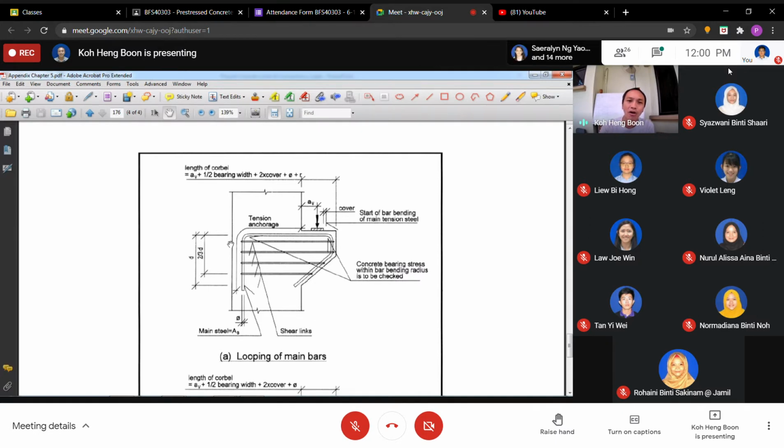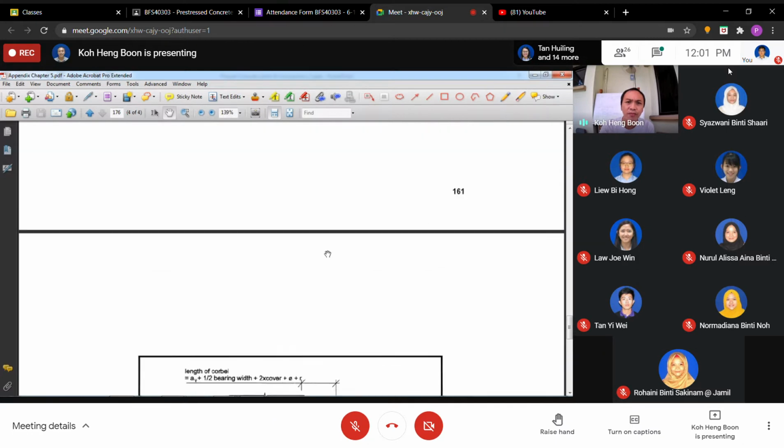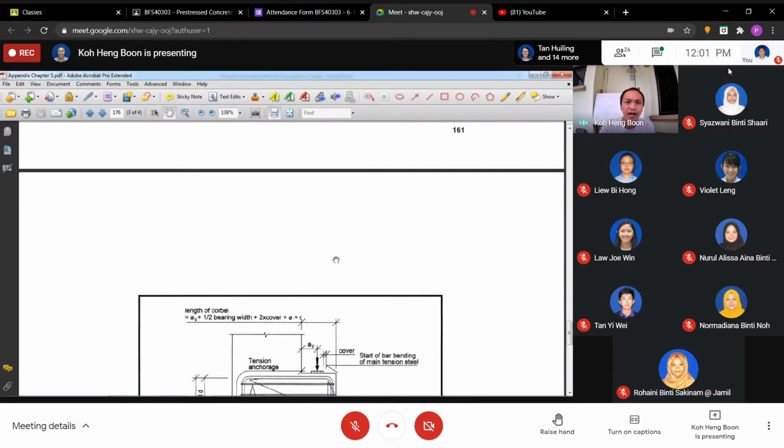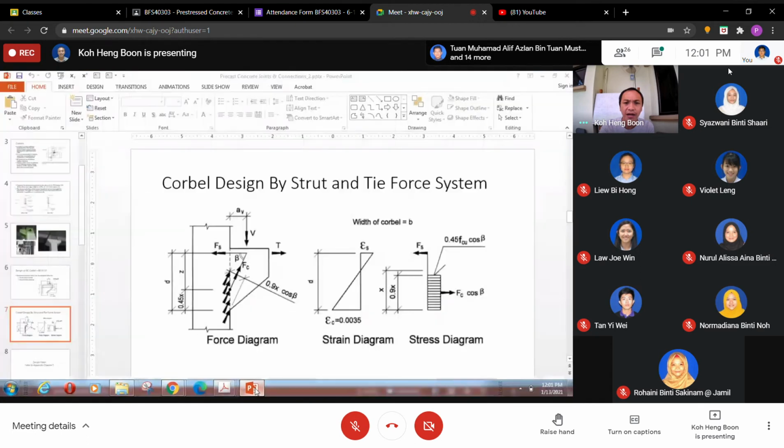And the horizontal link is minimum. After we have gotten the T here, to get the reinforcement is just divide by the stress. So whether the steel is yielding or not. If the steel is yielding, greater than the yield strain, then we use the maximum strength of the steel.